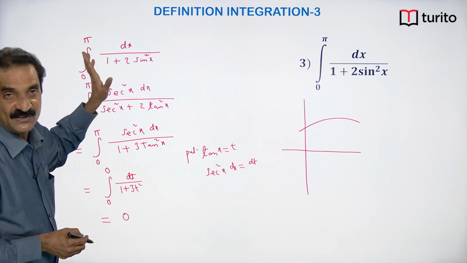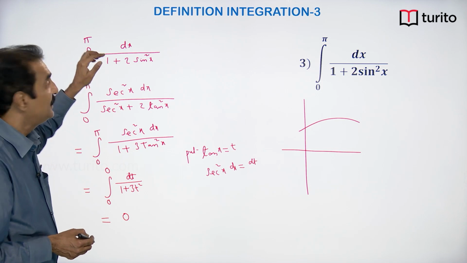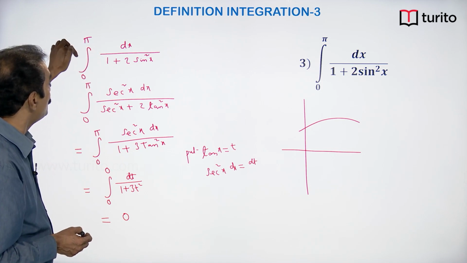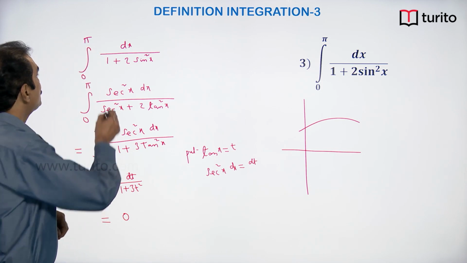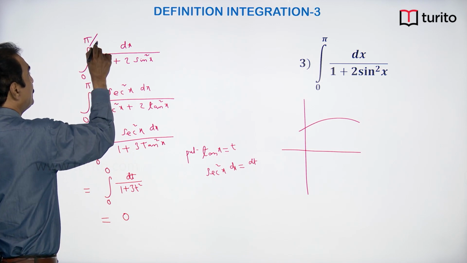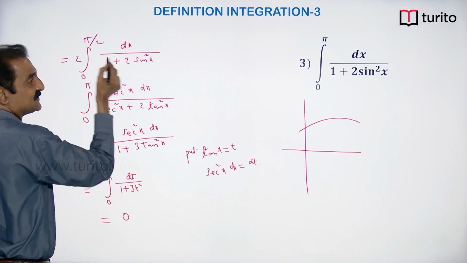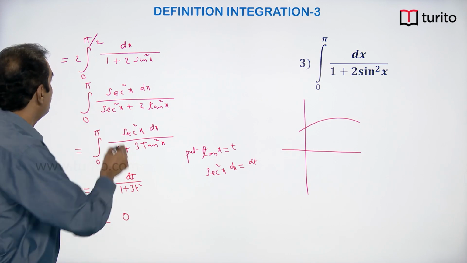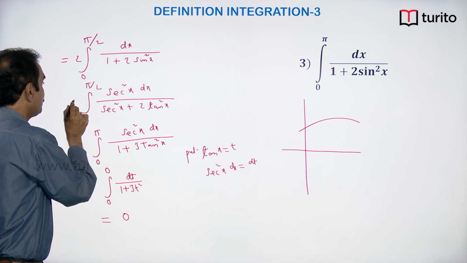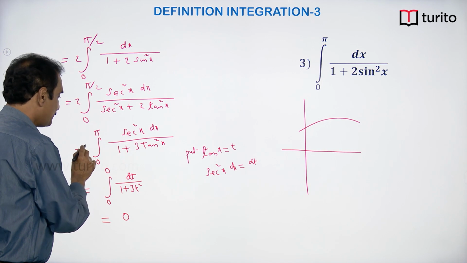If the function remains the same, what can you do? You can divide the upper limit by 2 and multiply the integral by 2. So in the first step itself, you apply that property, you will get this, the given integral is equal to this. So the next step will be this, next step will be this.